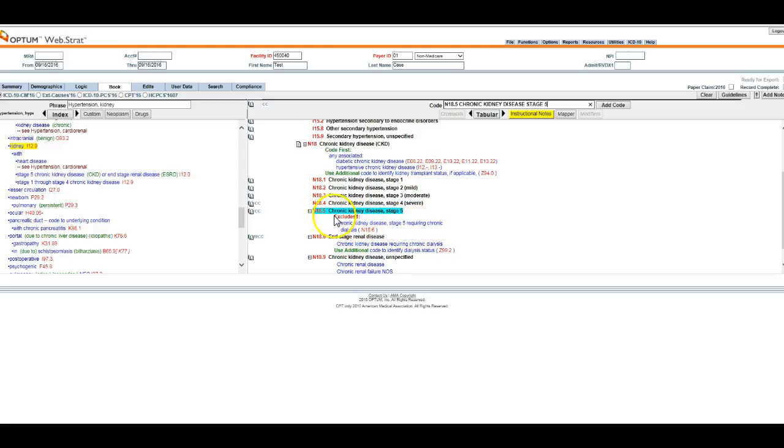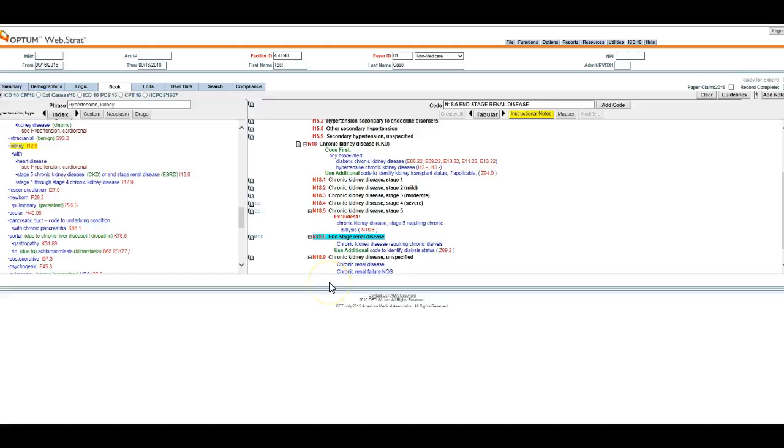And as you can see here, we have another excludes note. Chronic kidney disease excludes chronic kidney disease, stage 5, requiring chronic dialysis. This patient requires chronic dialysis, so we need to move down to the N18.6.